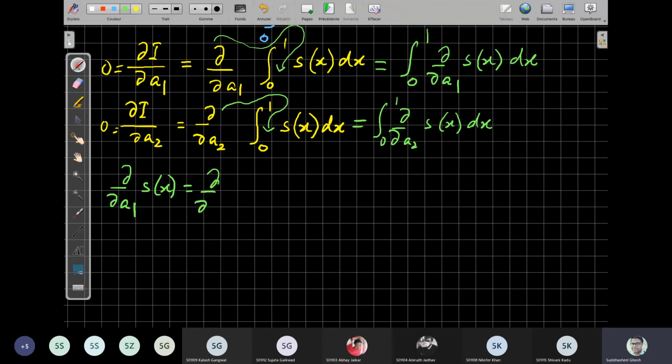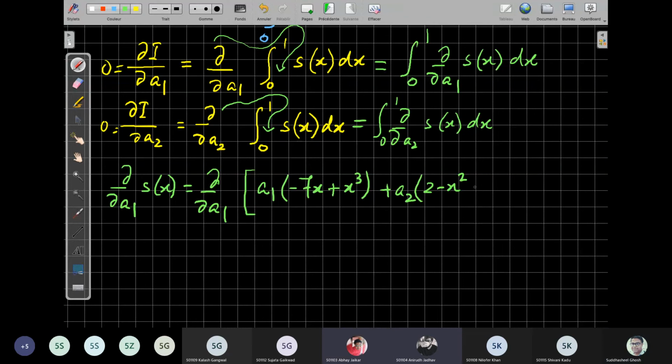So del by del a1 of square bracket, तो इसके अंदर a1 इंटू -7x ऐसा कुछ था, plus x cube, plus a2 इंटू 2 minus x square, minus 6x, plus x cube minus x, whole square. ये क्या है, ठीक है.